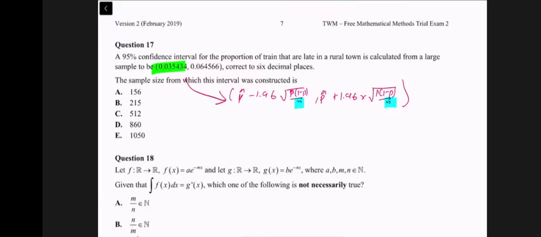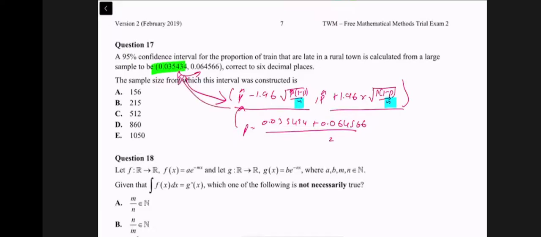The way to find p is that it's just the middle value, the average of these two. So p is 0.035434 plus the higher bound, divided by 2. I'm not sure what that comes to, but just keep it in your CAS. Then plug that into here or here, it doesn't really matter, equate it to the corresponding thing and solve for n.